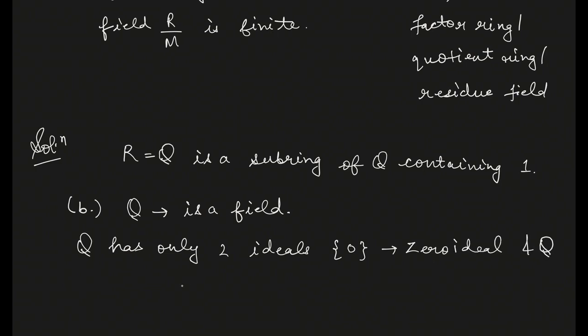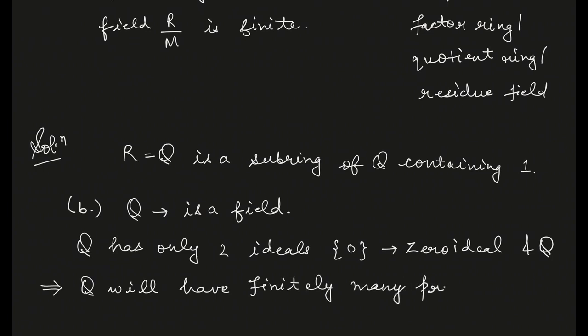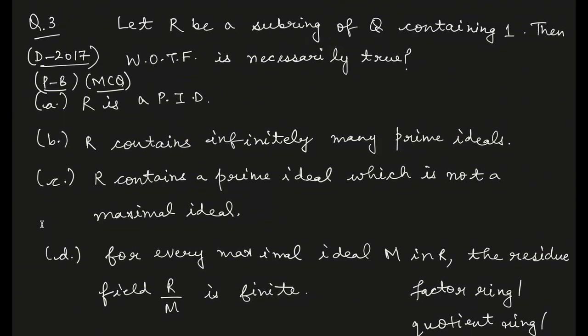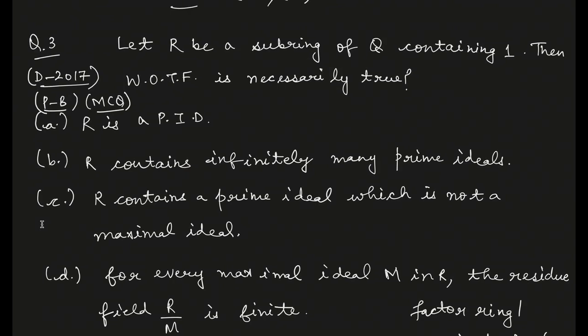So this means that Q will have finitely many prime ideals. So option B is wrong because it was saying that Q has infinitely many prime ideals.